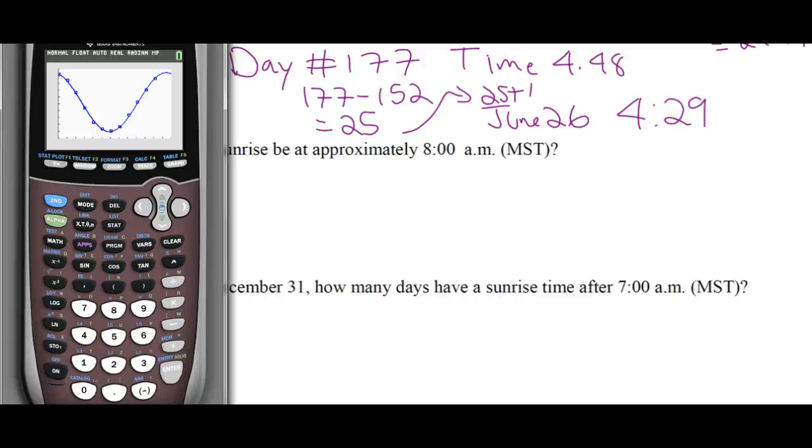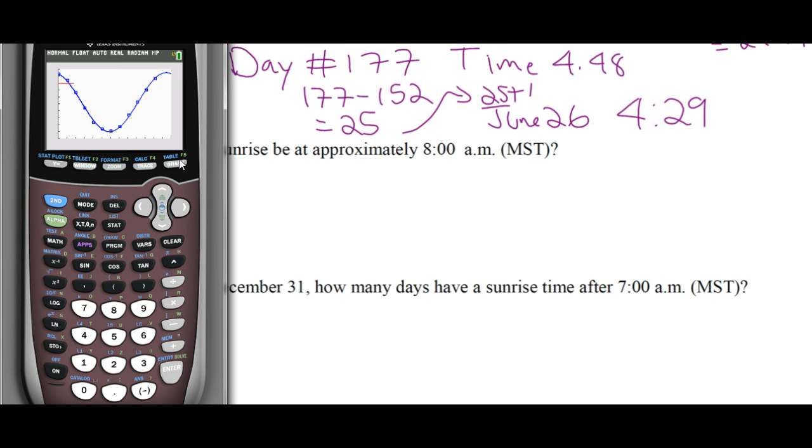No, sorry, we did the minimum. Here, I know what time I want: I want the time to be 8. You notice you've got the full equation in here, to a lot of decimal places. So here, we're just going to put in 8.